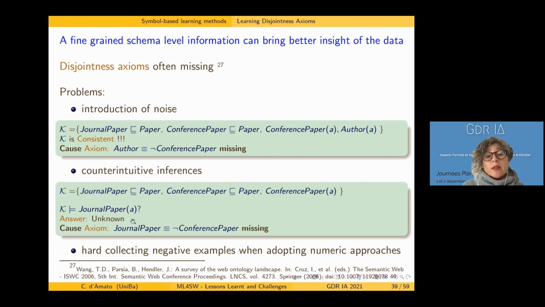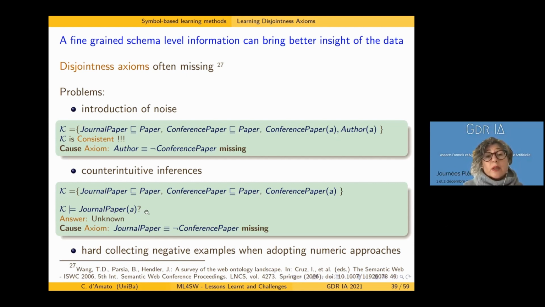And again, this is due to the fact that a disjointness axiom between journal paper and conference paper is missing, because we know that in reality, a journal paper is a different thing from a conference paper.